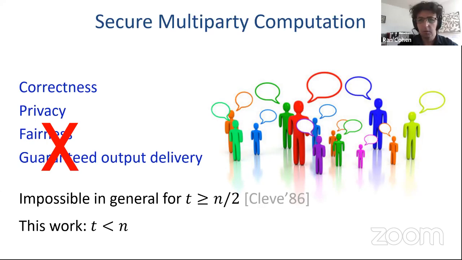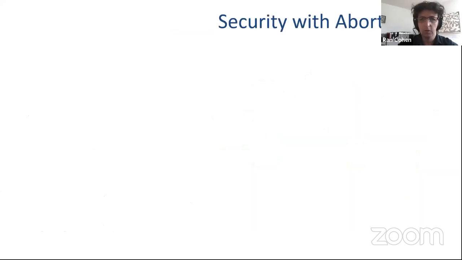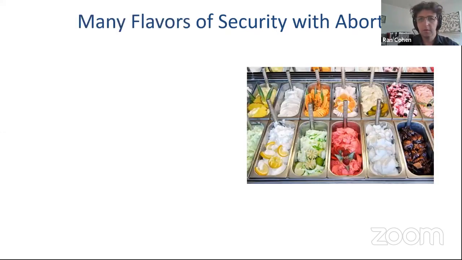And that means that we consider the weaker security notion of security with abort. That means the protocol satisfies privacy and correctness, but the adversary has the ability to first learn the output from the computation and then cause the protocol to abort, forcing the honest parties to complete the execution without learning their outputs.